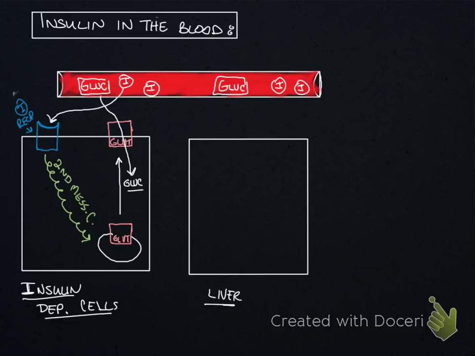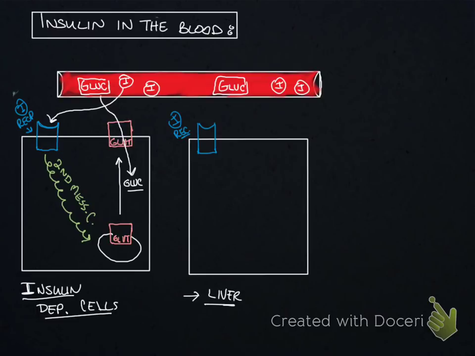So what happens in a cell, like a liver cell, that is not dependent on insulin? Well, they also have insulin receptors. So here is another insulin receptor. What makes them different, however, is that their glut transporters are not found in vesicles within the cell.